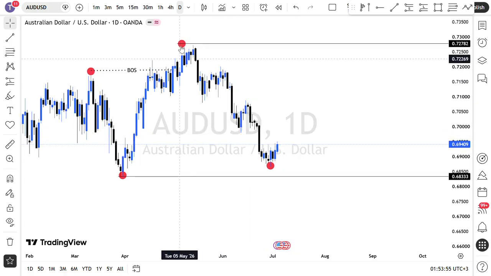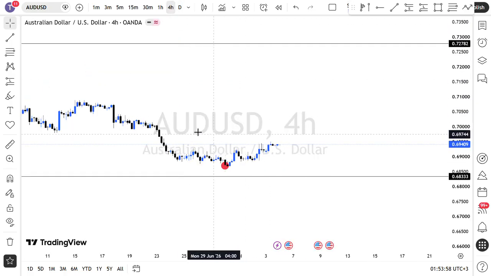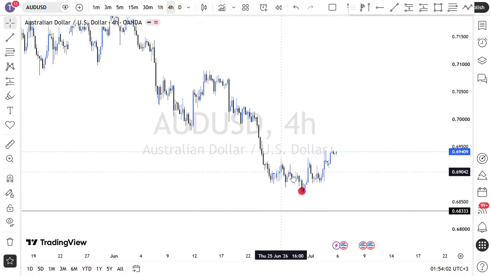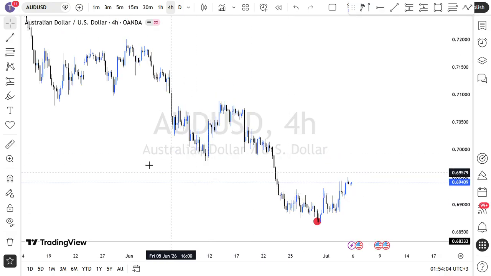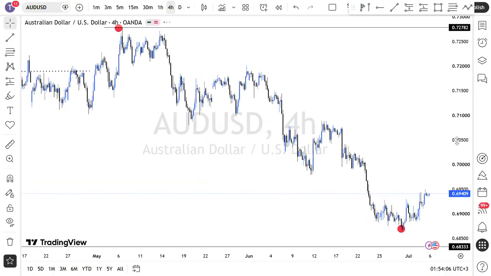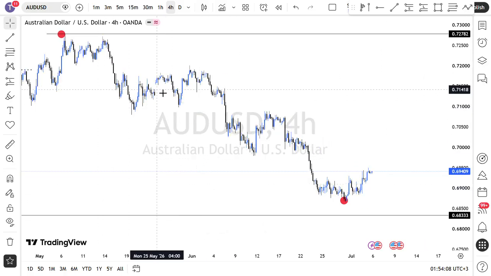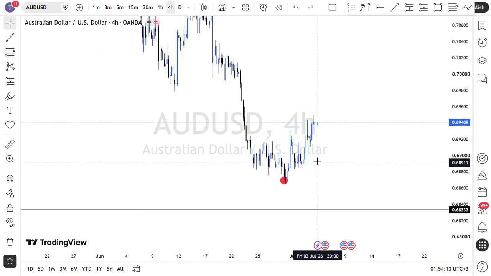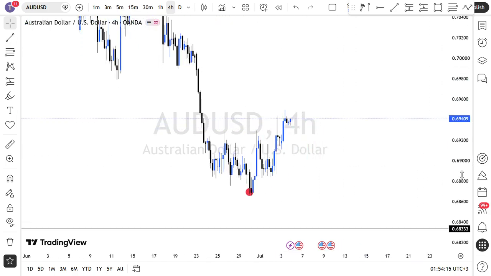If I drop into the 4-hour time frame, let us see what the market is doing inside this area. In the 4-hour time frame, you can see clearly that we are in a very beautiful downtrend, and currently we have these structures being formed here.